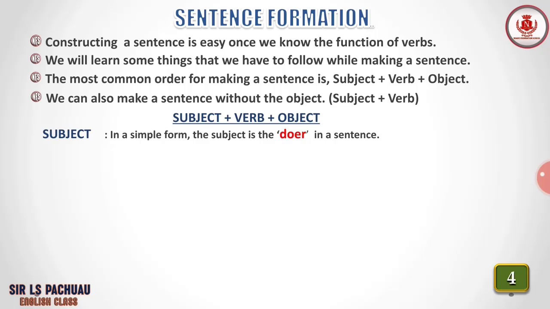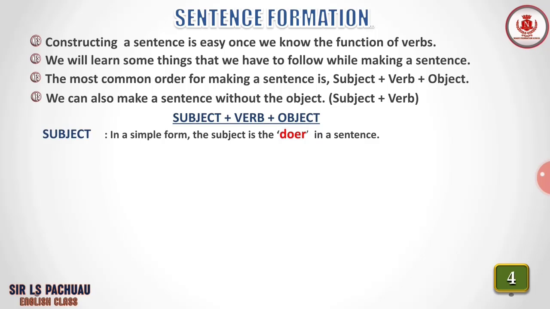In a simple form, the subject is the doer in a sentence. Doer means when we are going to make a sentence with a doing word, the subject is the doer in a sentence.